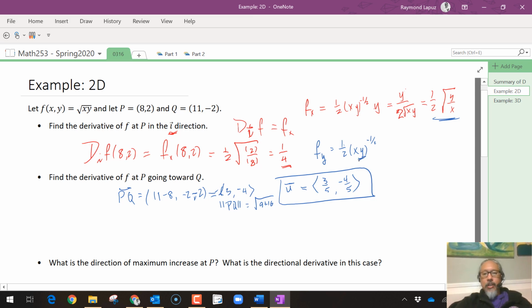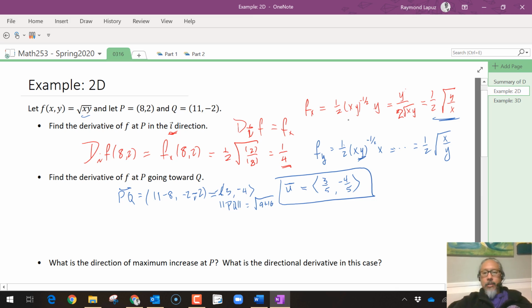Now we take the derivative of the inside with respect to y, and that gives us an x, and so we'll have a 1/2. And then if you do the canceling with the square root, you'll have x over y instead of y over x. Okay, so those are the two things that we need for the gradient.